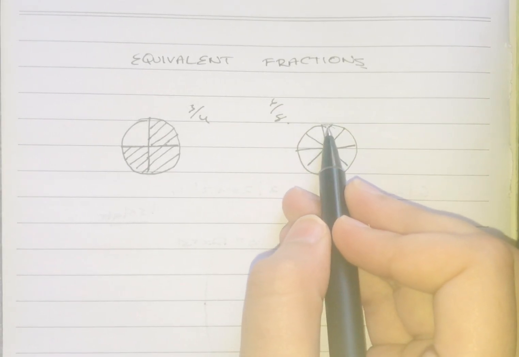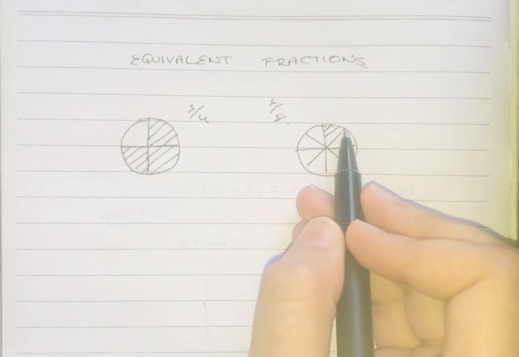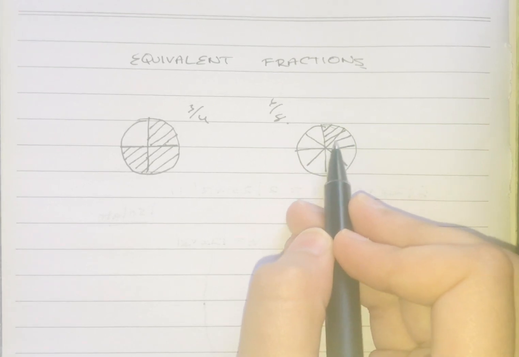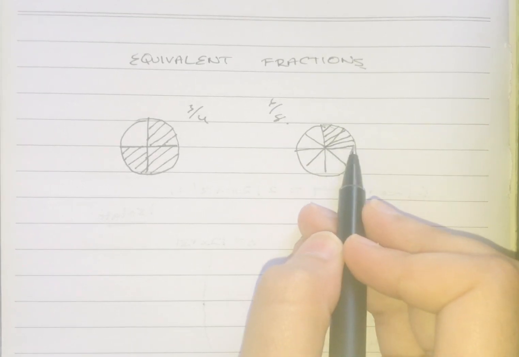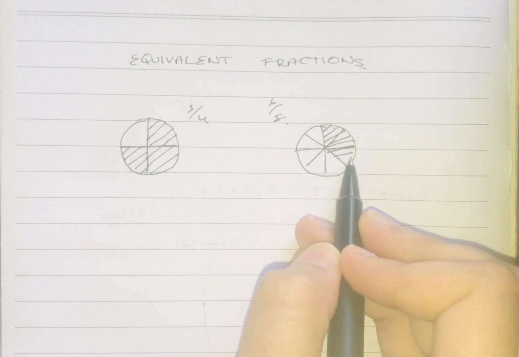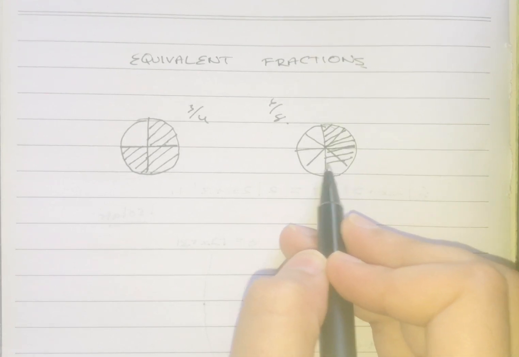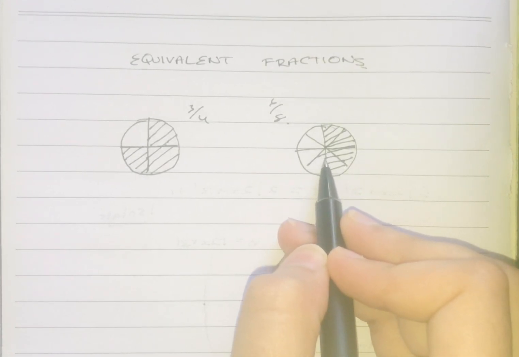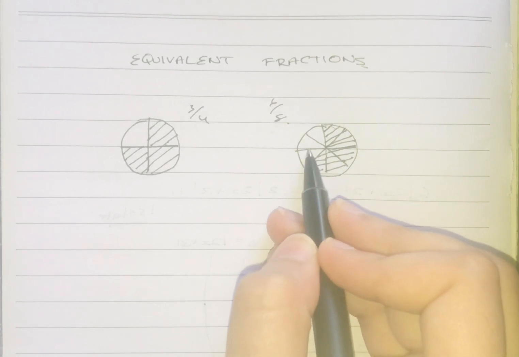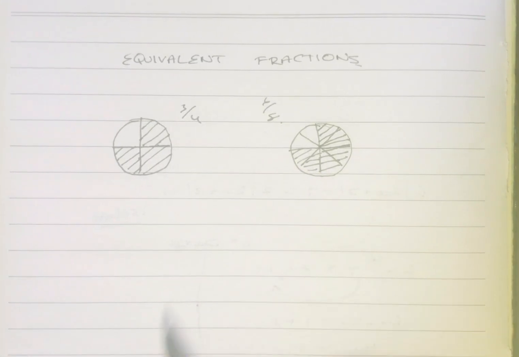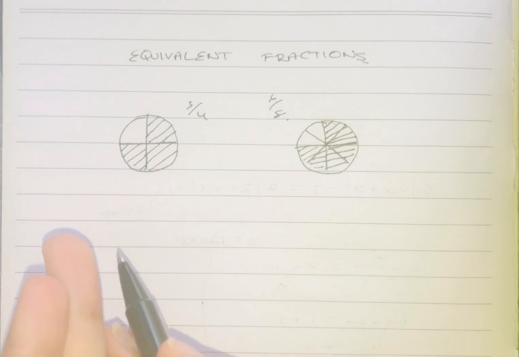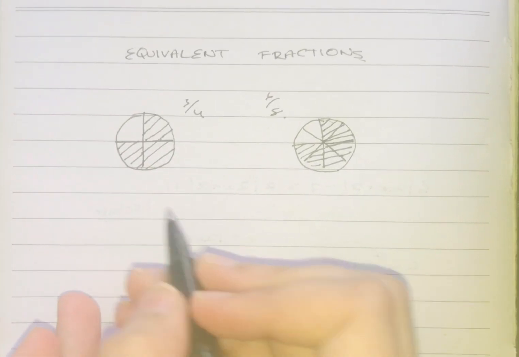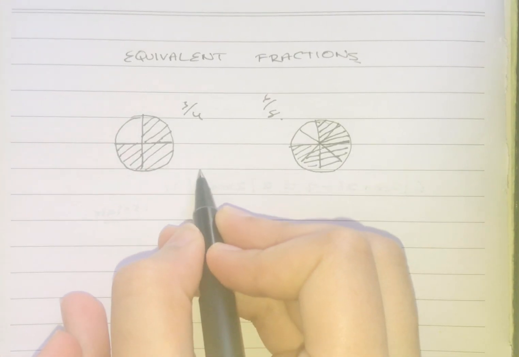Let's go 1, 2, 3, 4, 5, and 6. If you look at this one and this one, they both look like this.